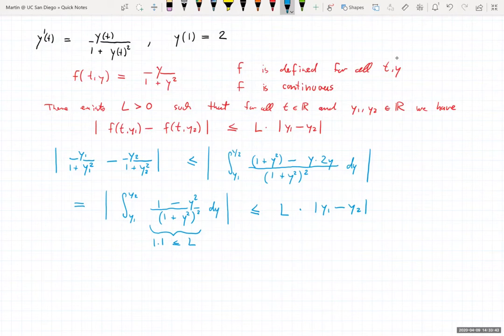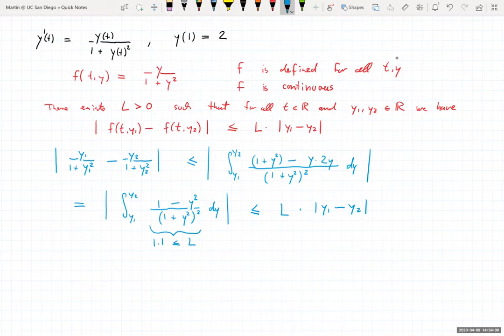Now, why does this constant L exist? On the one hand, if the absolute value of y gets very large, then the denominator of this fraction is going to be much larger in magnitude than the numerator.